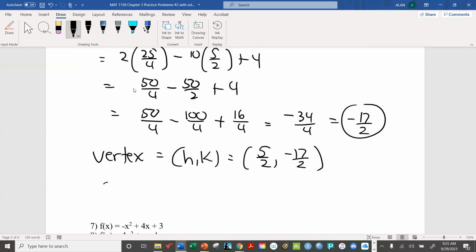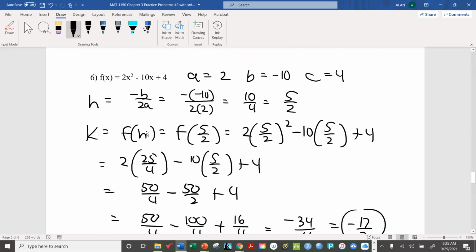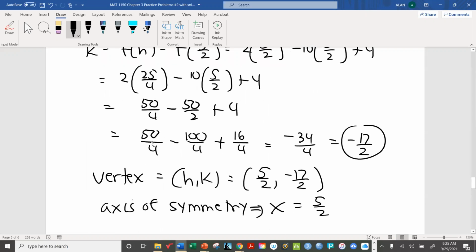And then that implies that the axis of symmetry is x equals 5/2. That's all there is to it. I know sometimes these are messy, but it's really not a complex process. But once you get used to it, you know exactly what you're supposed to be doing. That does make things a lot easier.